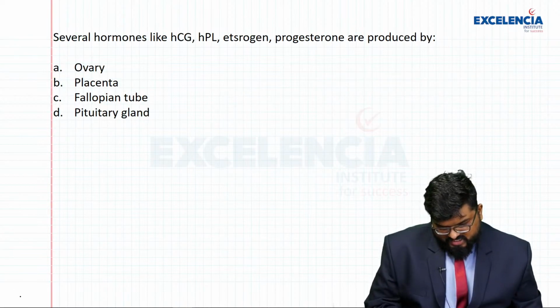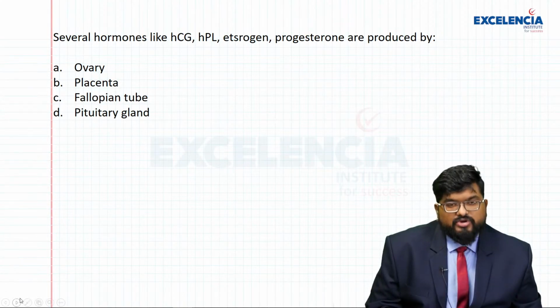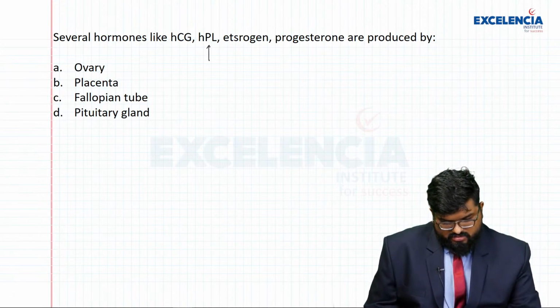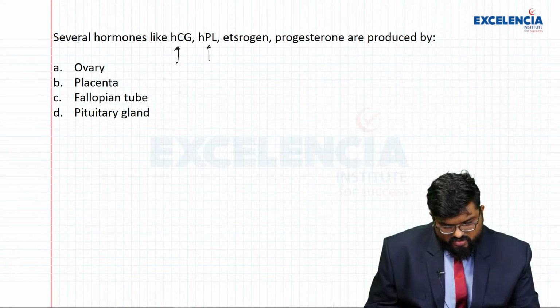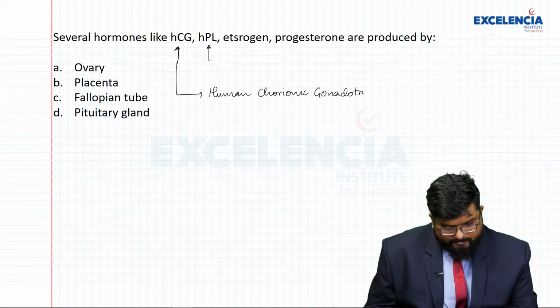Several hormones like HCG, HPL, estrogen, progesterone are produced by. Your main hint over here is this. So HCG is what? Human chorionic gonadotropin, isn't it? And HPL is what?